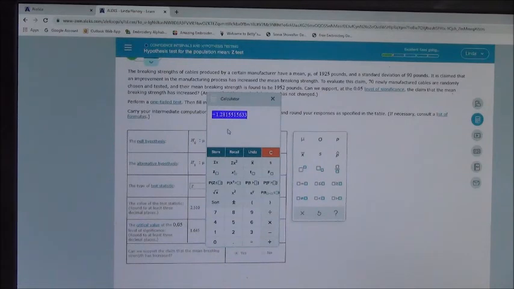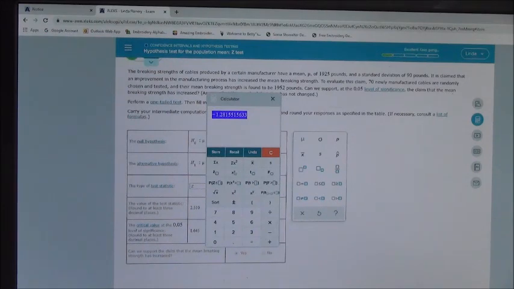So either way, I can get my critical value by using the graphing calculator or using the Aleks calculator. If it's area to the left, I'm going to do negative. If it's to the right, I'm going to do positive. So my critical value, negative 1.282, rounding that off to 3 decimal places.